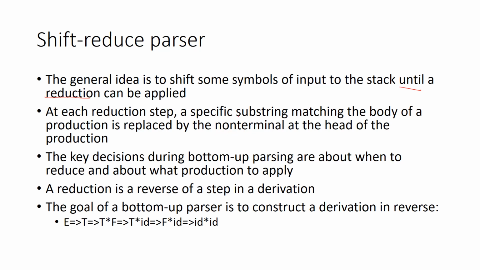So we are trying to find the substring matching the body of the production. The key decisions during bottom-up parsing are about when to reduce and about what production to apply. A reduction is the reverse of a step in a derivation.